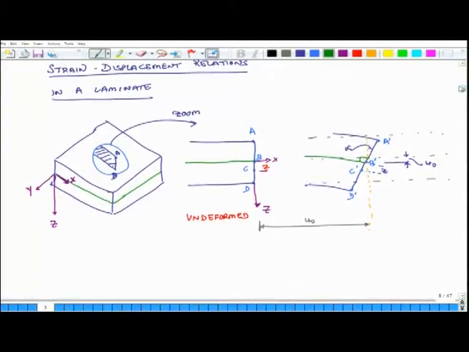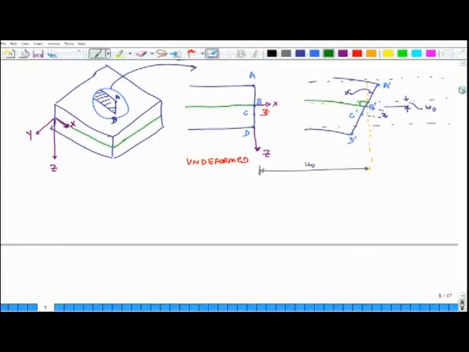So, we will write down a couple of important points. Point B prime moves by u naught in the x direction. We are talking about the midpoint right now, just the midpoint of the system. Point B prime moves by distance W naught in the positive Z direction.